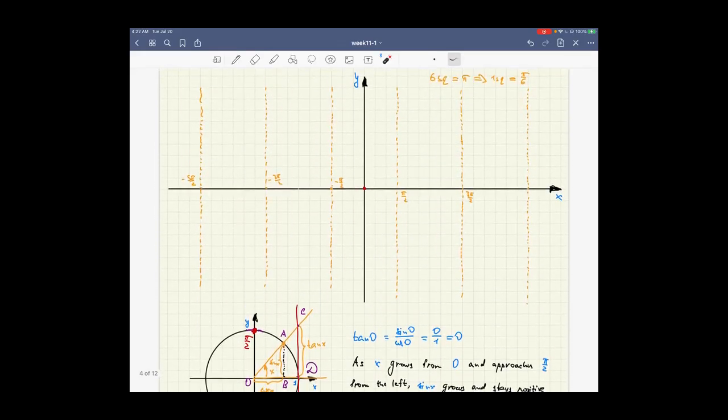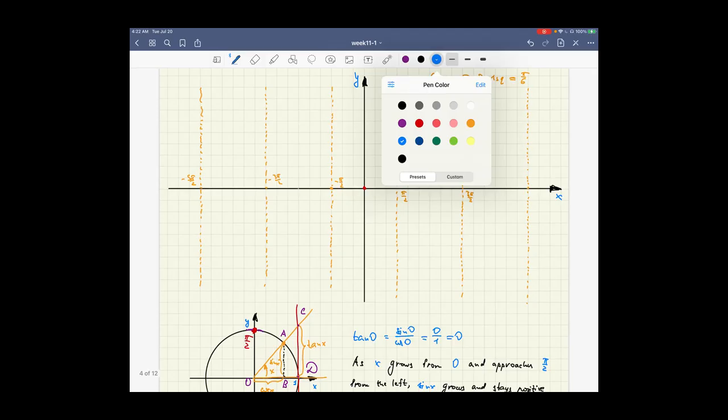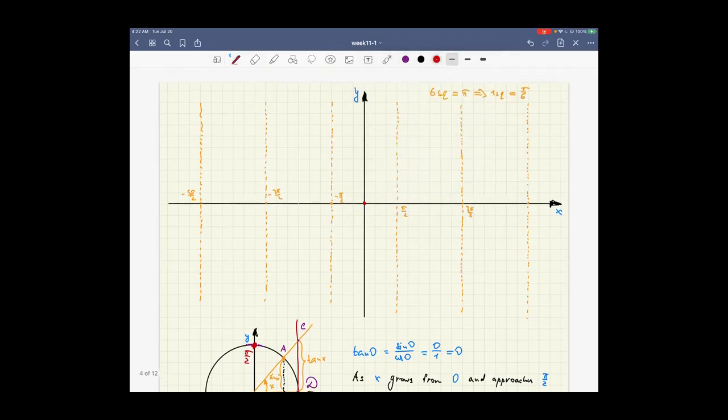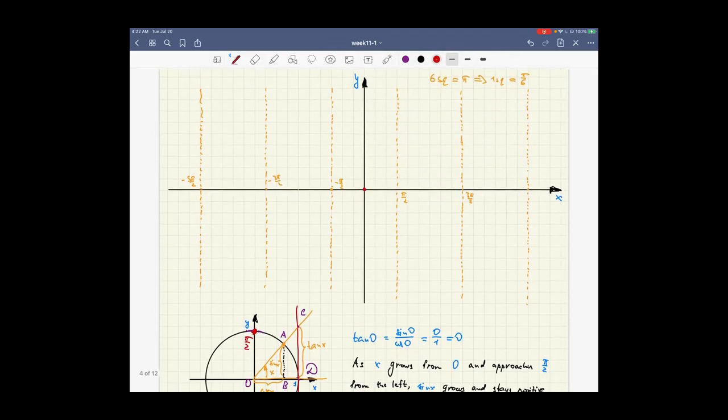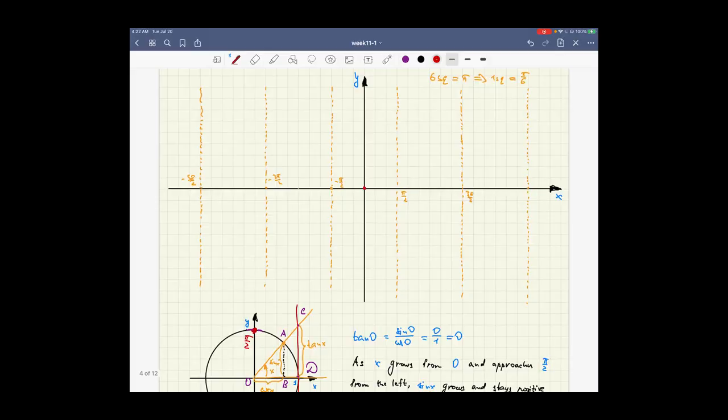So we get sort of a function that remotely looks like a cubic parabola. And that's it. We don't need to think any more than that.